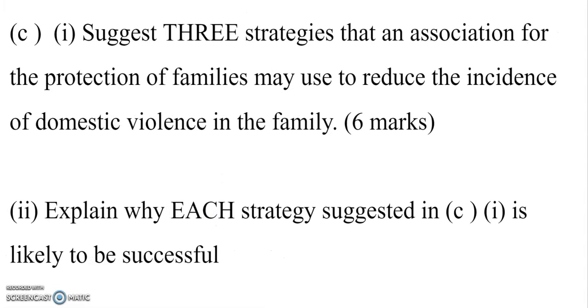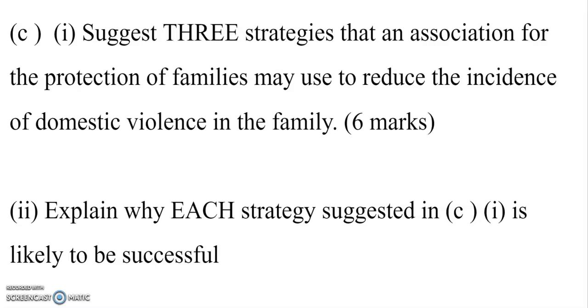Question C. Suggest 3 strategies that an association for the protection of families may use to reduce the incidence of domestic violence in the family. 6 marks. Part 2 of the question. Explain why each strategy suggested in C1 is likely to be successful.